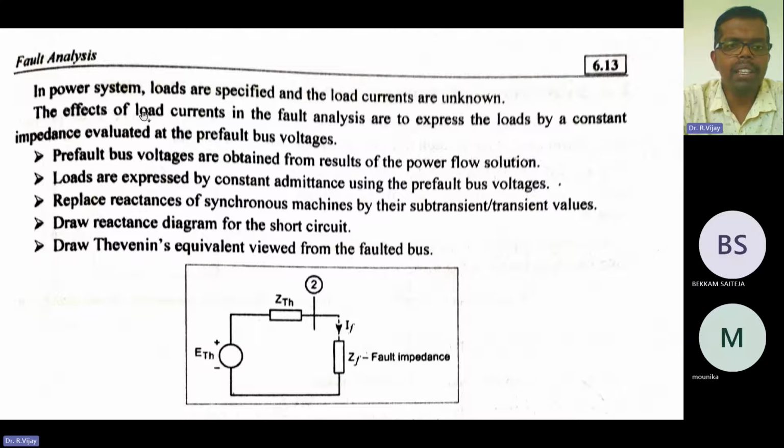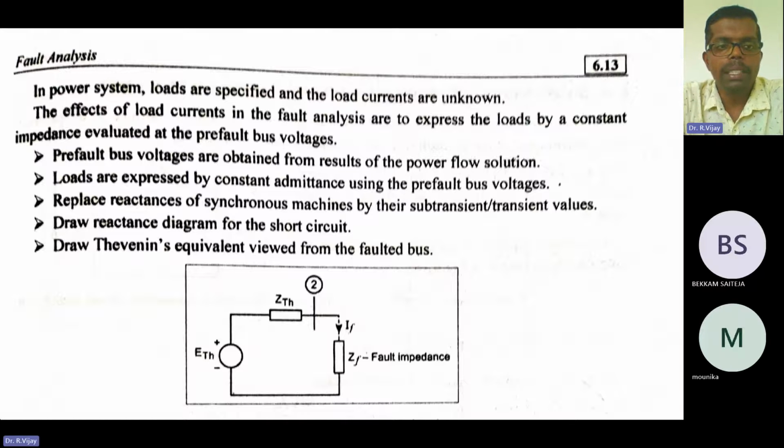Next, the effect of load currents in the fault analysis is to express the loads by constant impedance evaluated at the pre-fault bus voltage. So how are we expressing these load currents in the fault analysis? We express the load by a constant impedance evaluated at the pre-fault bus voltages.